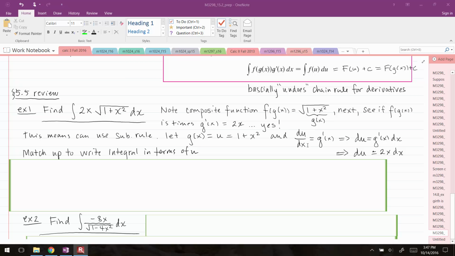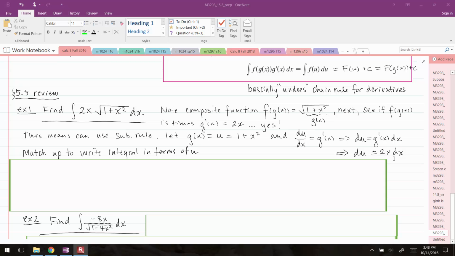The reason I want to do that is because I'm trying to write the integral in terms of u. So du is equal to g prime of x dx if I separate the Leibniz notation into differentials. So there it is. du is equal to 2x dx.